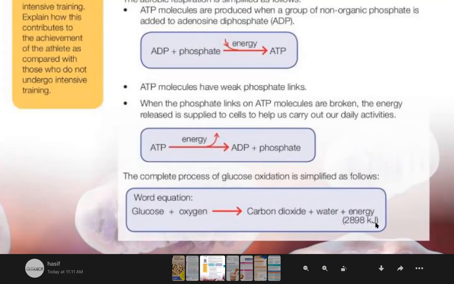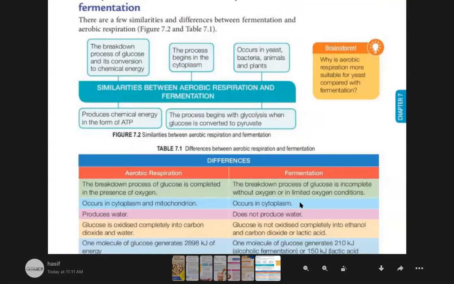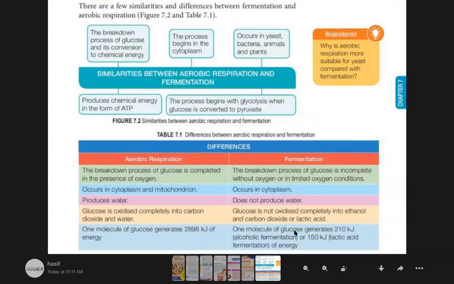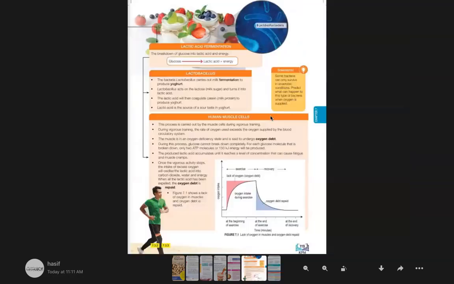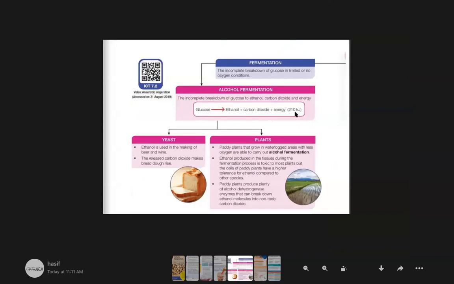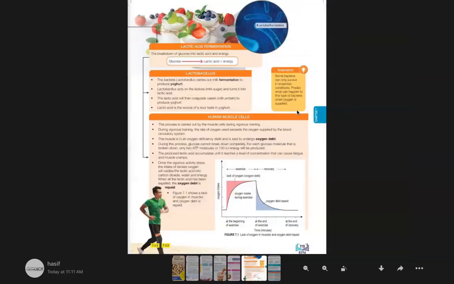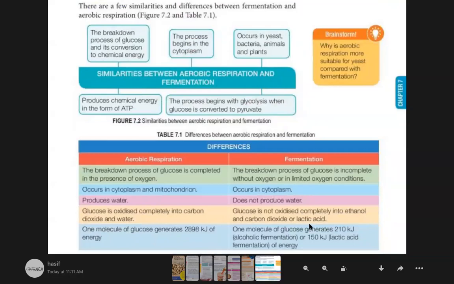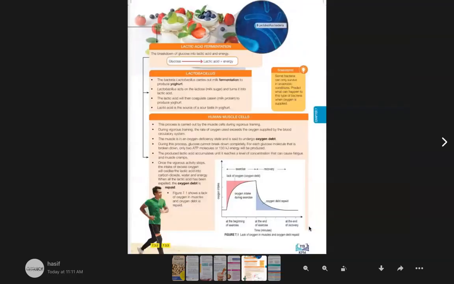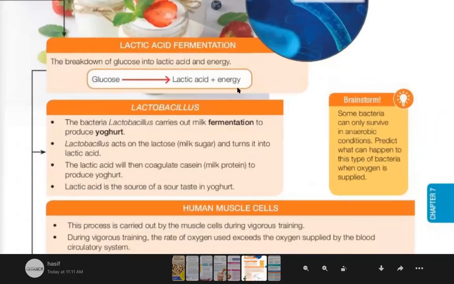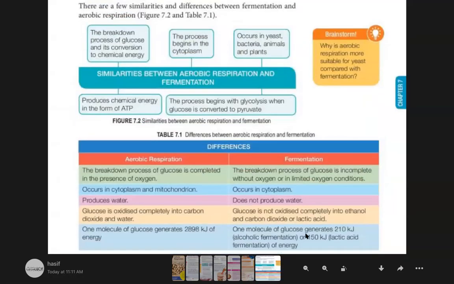Tapi kalau fermentation, one molecule of glucose will generate 210 kJ. This one is for alcoholic fermentation. Yang ni dia akan hasilkan 210 kJ. Tapi kalau lactic acid fermentation, it only produce 150 kJ of energy. So you can see which one will produce more energy. So for sure, aerobic respiration.